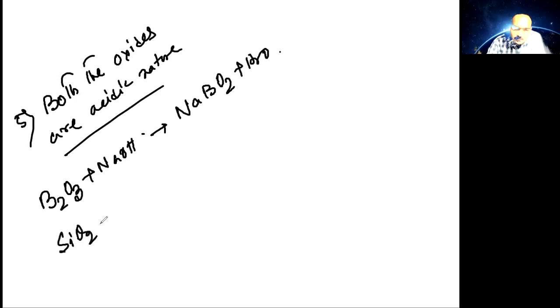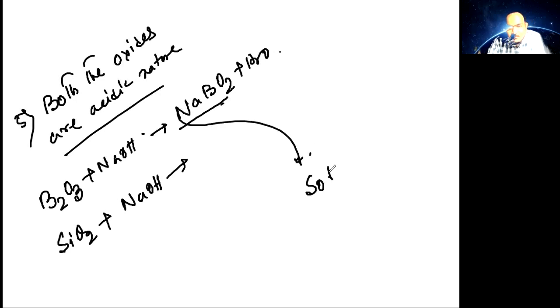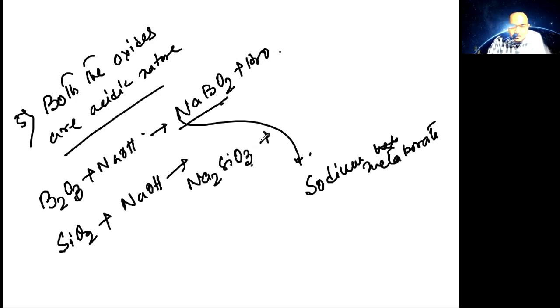SiO2 plus NaOH will produce Na2SiO3 plus H2O, sodium metasilicate.